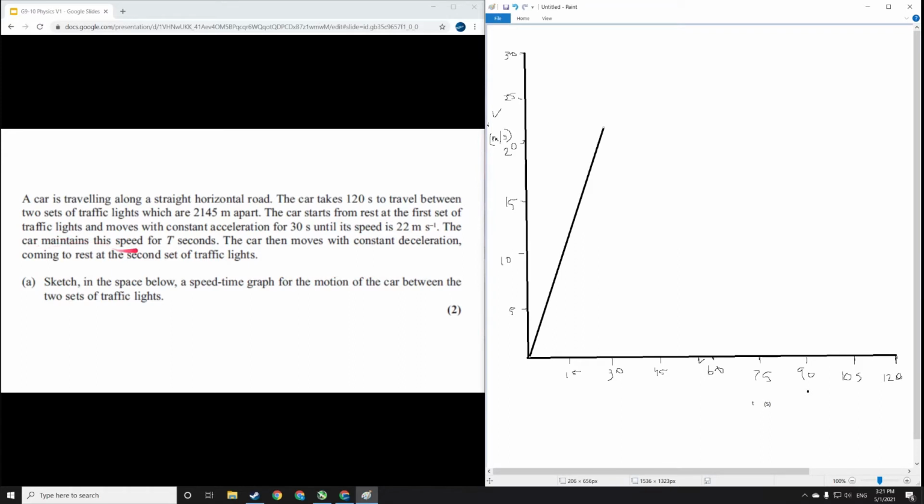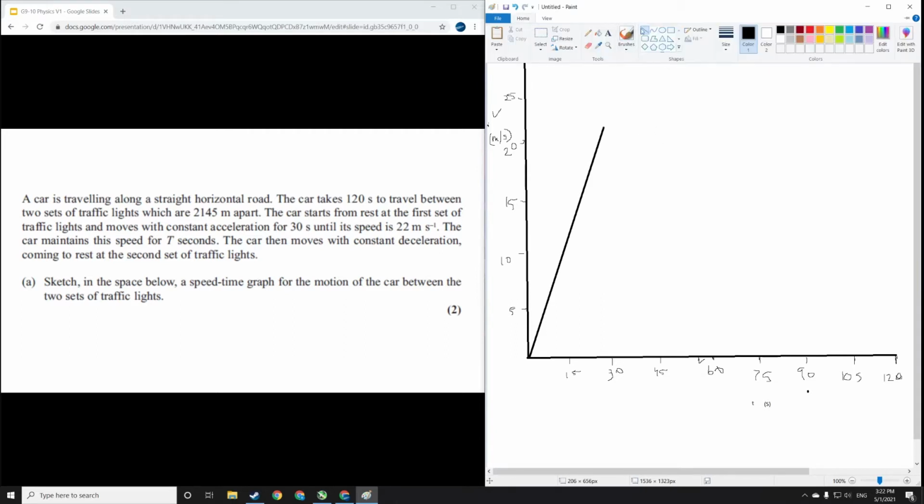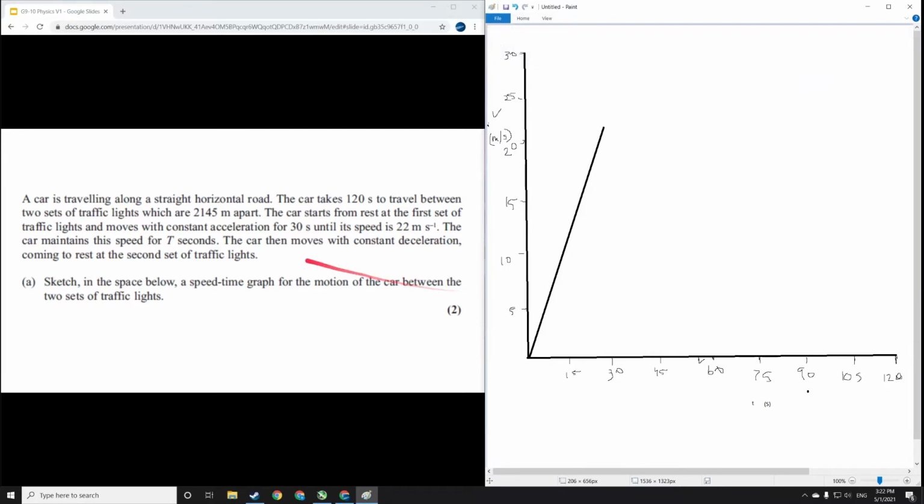Then the car maintains the speed for t seconds. The car then moves with constant deceleration, coming to rest at the second set of traffic lights. Okay, so we do not have enough information to fully answer this one. Because of that, I'm going to add another piece of information just to change this up a bit.